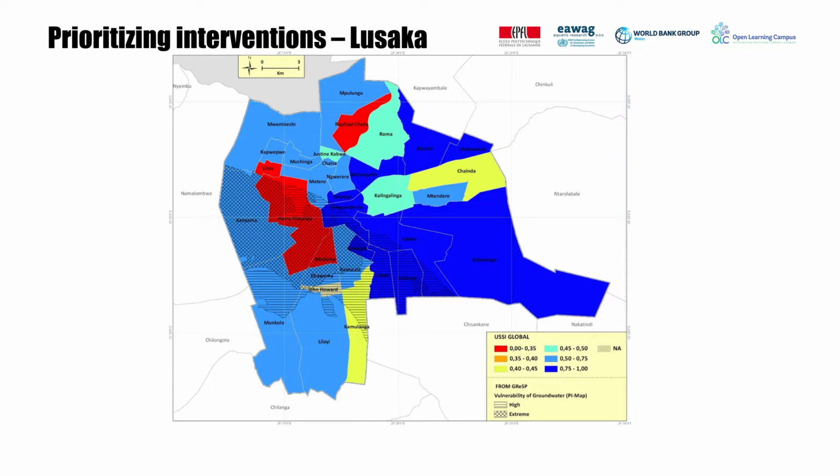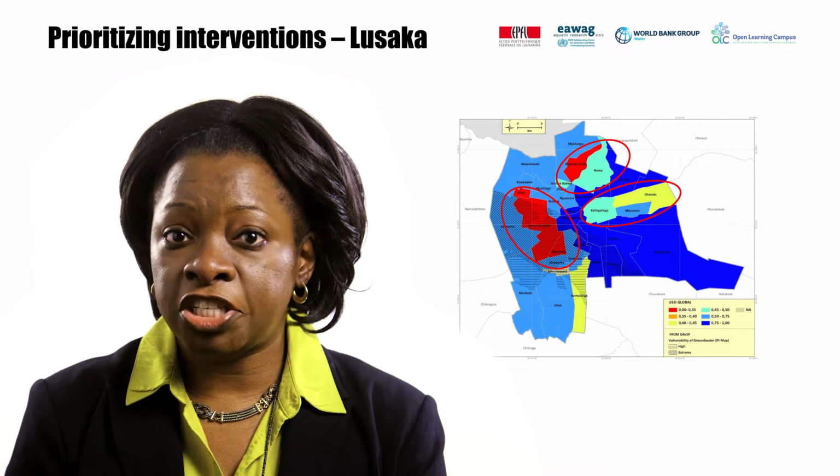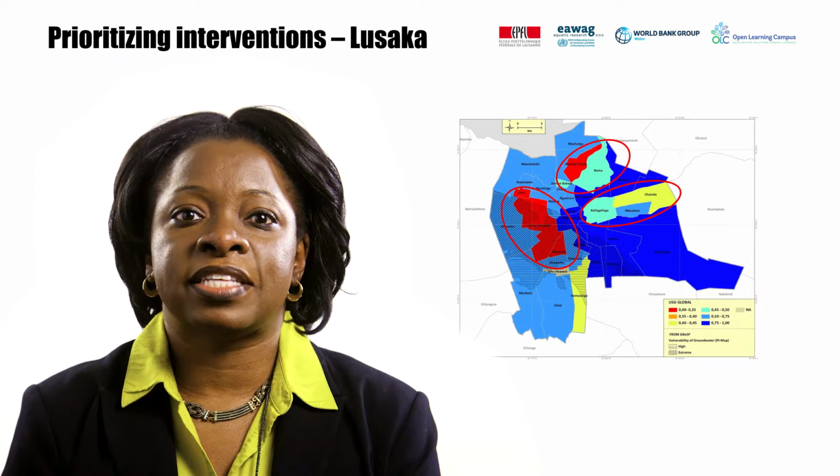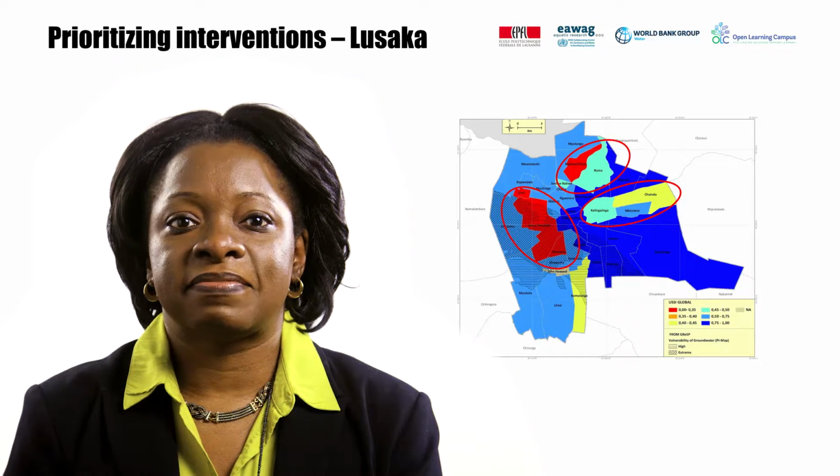For Lusaka, the combined information clearly shows that the largest concentration of poor sanitation is in unplanned peri-urban settlements, which sit almost entirely over the area of maximum groundwater vulnerability. This information provided a clear basis for prioritizing non-networked sanitation interventions.